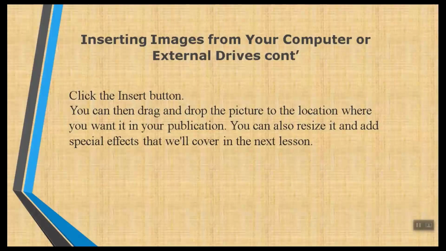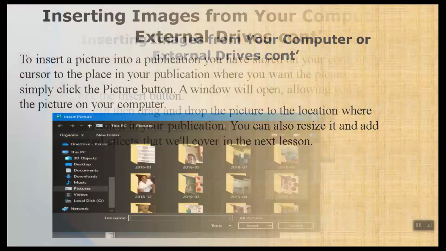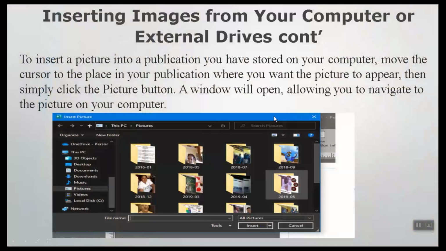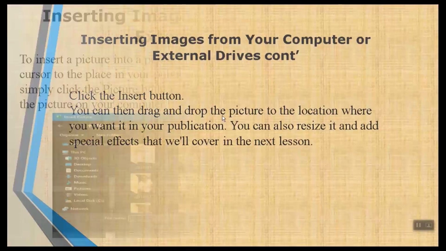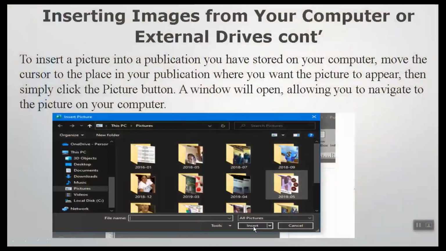Our next thing to consider is inserting images from your computer or external drive. We will continue from where we were in our previous discussion. Then click the Insert button, as demonstrated here.